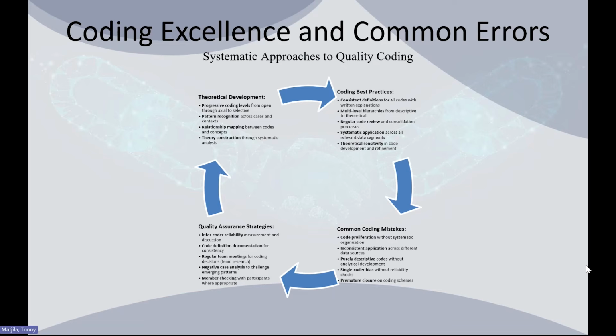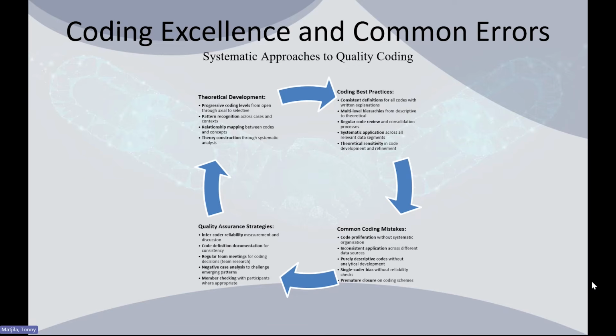So purely descriptive coding summarizes without analysis. I think we need to move beyond what to why and how. So single coder bias affects reliability, even in solo research. So we need to have those systems so that we can improve the quality of our coding.